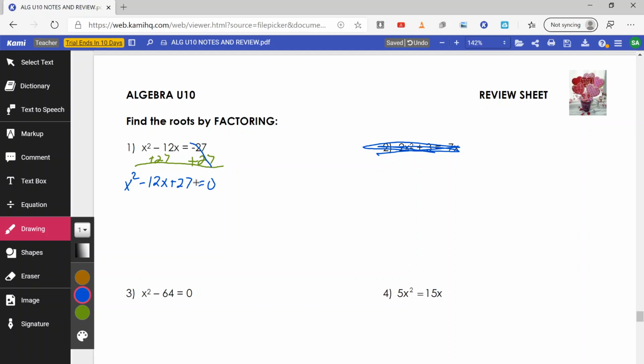So here we have a trinomial, which means first we look at, is there any common factor between the three of them? And the answer is no. Here I got 1x squared, I got a minus 12x, and a 27. There's nothing in common numerically that I can pull off of each one. So here we move on to the fact that we can use either the Xbox area model, which I have in a previous video, or we can break it down into two binomials.